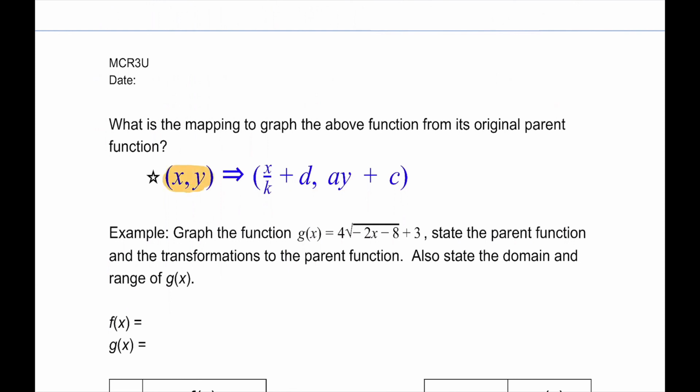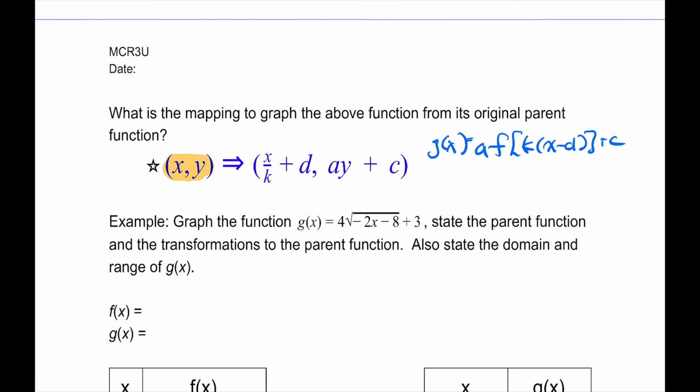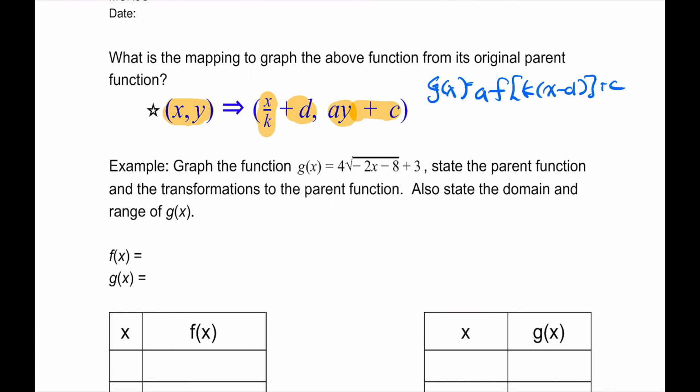If we have a point x, y on our function f of x, and that function is being transformed to a function g of x equals a f of k x minus d plus c, the new points on our transformed function are going to be, for the x value, x over k, so dividing by k, multiplying by that compression or stretch factor, and then we're going to add d, so that's our new x value, and our new y value is going to be our a value times y plus c. Okay, so really we need to know that.